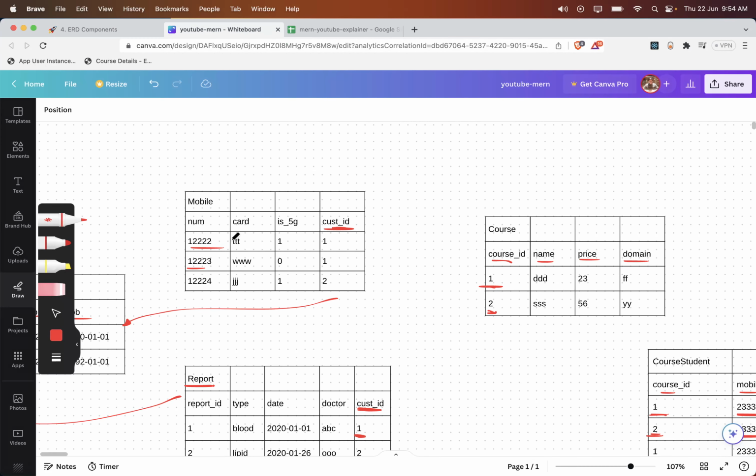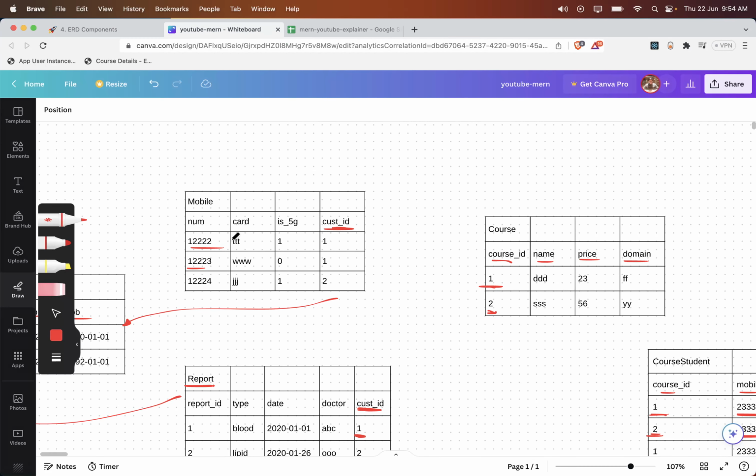Now if you see, there is an underscore under STU underscore ID and course underscore ID. Primary keys are represented by the underline. Can you see underline, underline? Primary keys. And cardinality participation symbols are used.